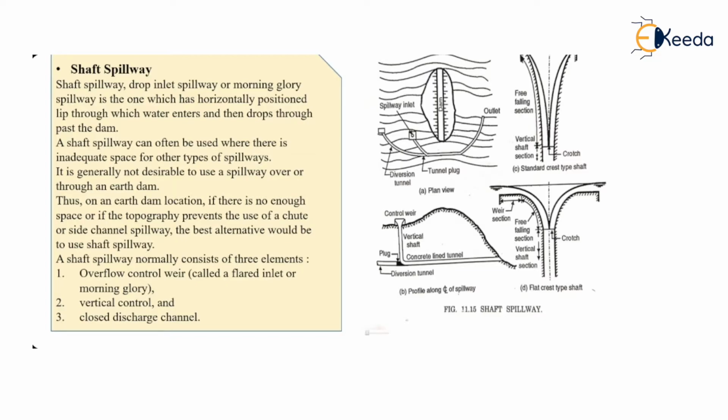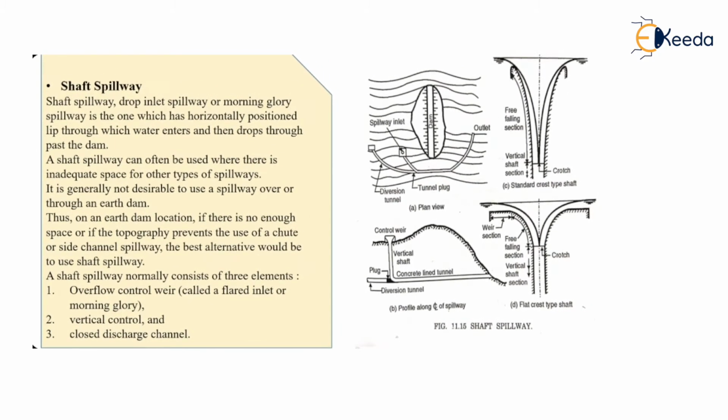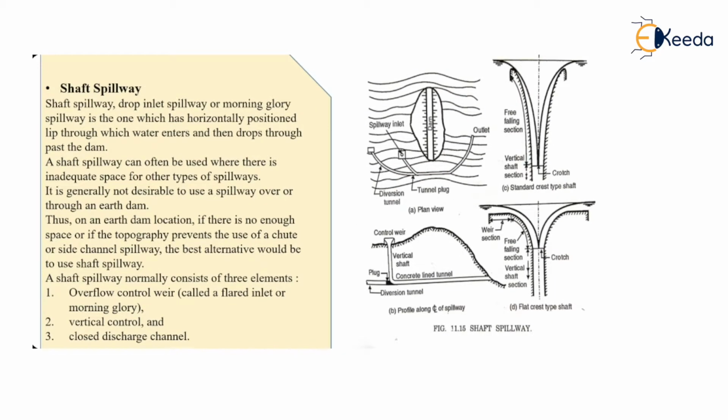Generally, the shaft spillway normally consists of these three elements. You can see the three elements. The first is the overflow control weir, which is this entry point. This entry point is nothing but your overflow, where the surplus amount of water will come.